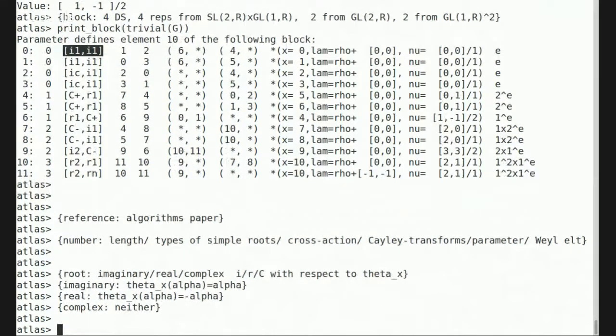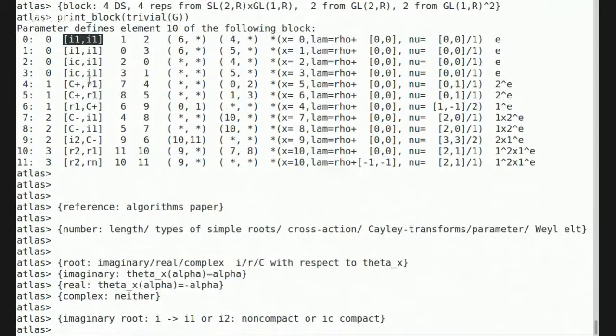Okay, and so this root, if you have an imaginary root, it's denoted I, and then there's the extra information that can be I1 or I2, which means that it's a non-compact root, or it could be IC, which means it's an imaginary compact root.